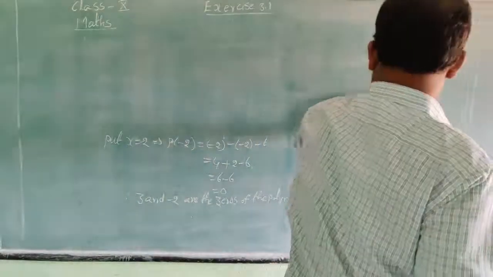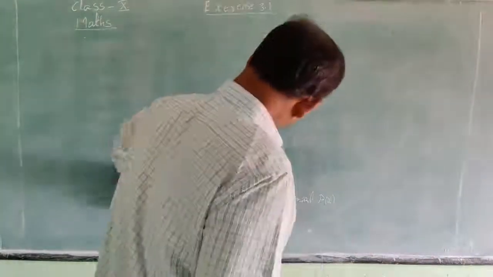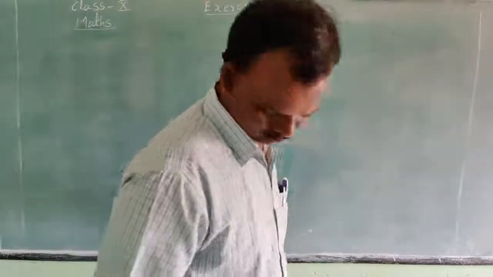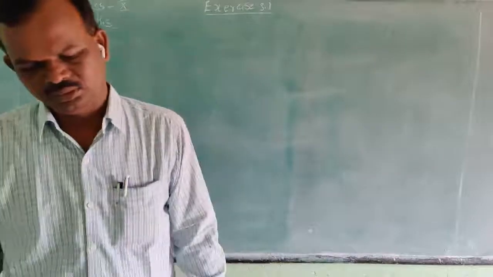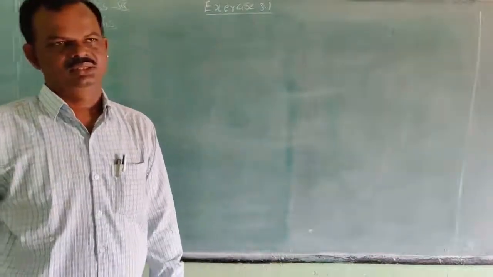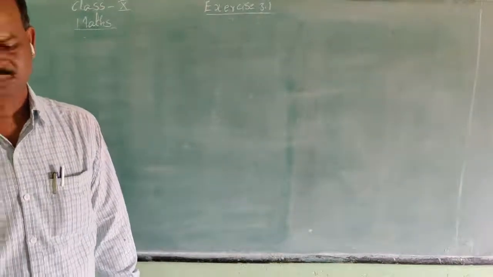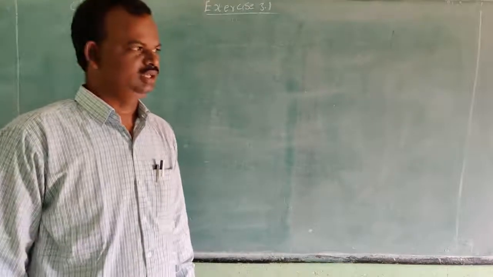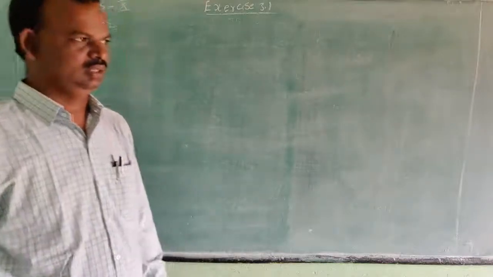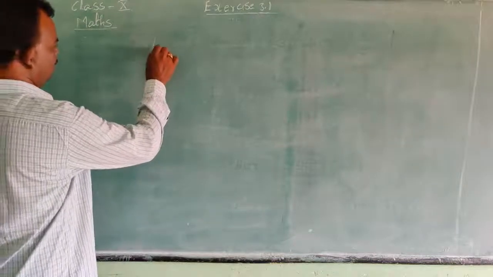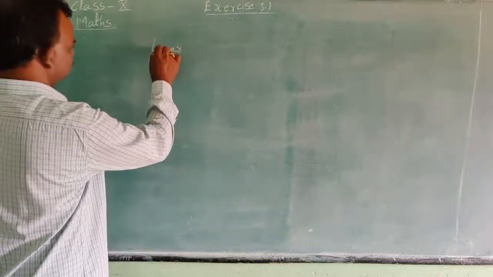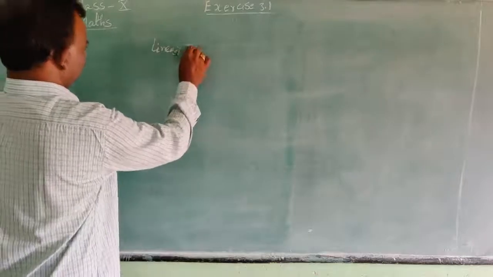And the next one is how to find the zero of the polynomial. That is, we are taking a linear polynomial.